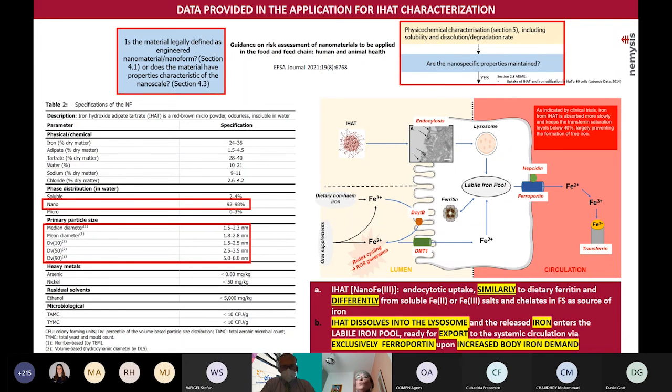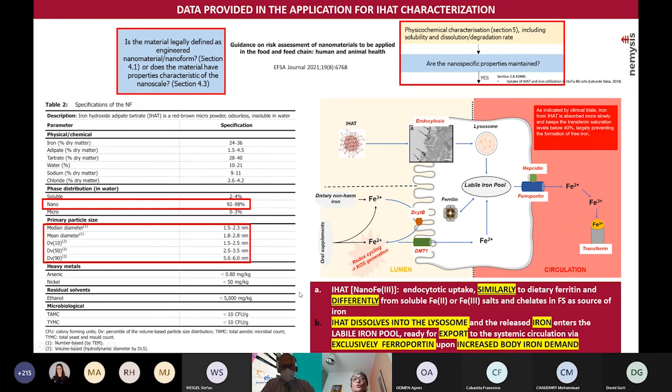And also, what we have demonstrated is that through this path, there is no systemic access of the nanoparticle because everything is led by the export through ferroportin, as has been shown for other iron forms.